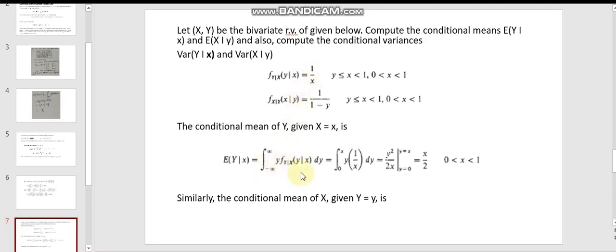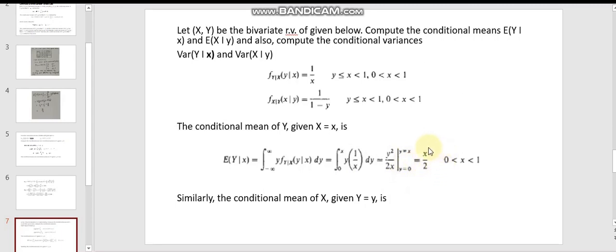We incorporate it in this formula, so the product would be equal to y over x into dy. Now we integrate it from 0 to x. When we integrate it, we get the expression y squared over 2x. By incorporating the limits from 0 to x, we get the expression x by 2.